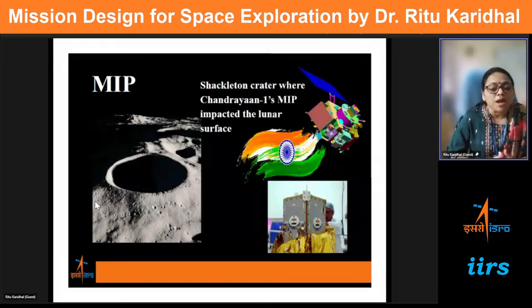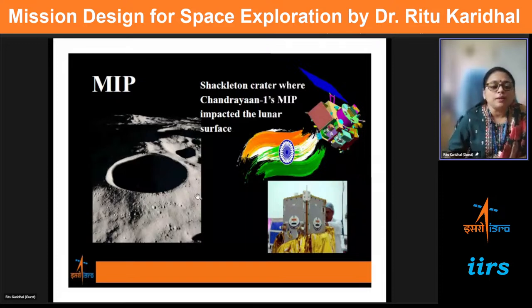We were able to make a map of the full lunar surface, which provided a good database and background to know where we should go and land for the landing mission. So this is a very important mission which provided the inputs for the next mission.